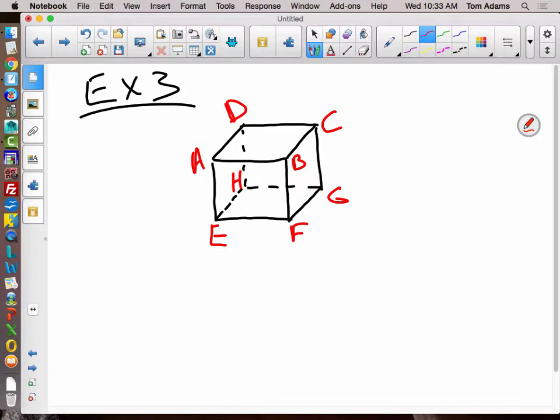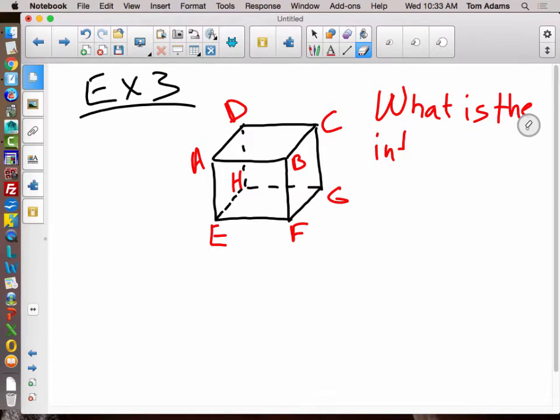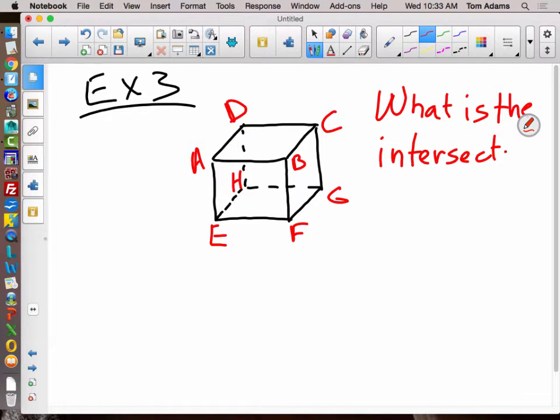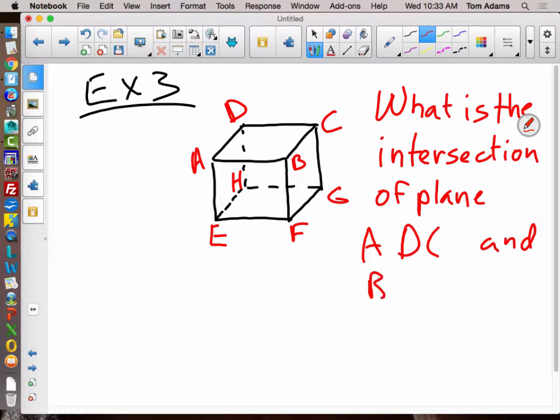But the question for example number 3 is simple. It says, what is the intersection of plane ADC and BFG?